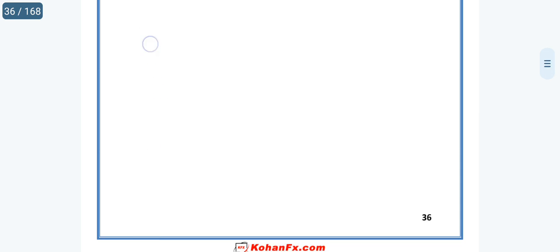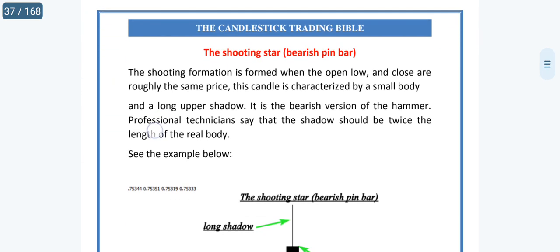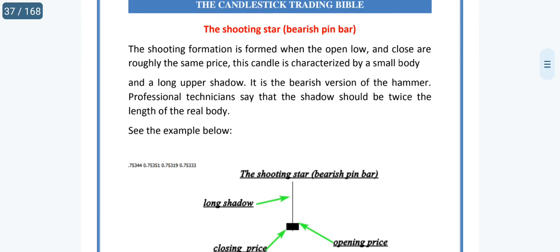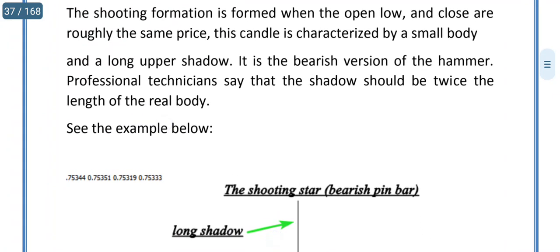Let us look at the second candlestick pattern for today, and it is called the shooting bar, or what we call the bearish penny bar. The shooting bar is formed when the open, low and the close are roughly the same price.